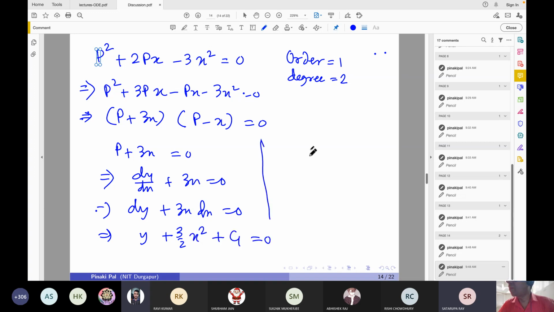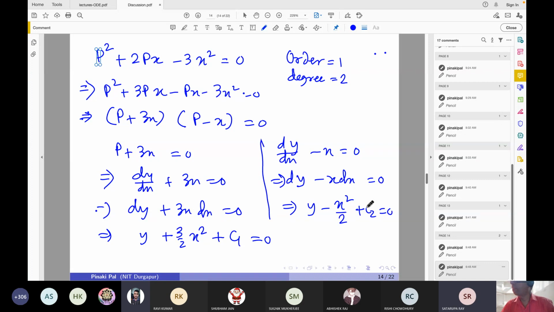On the other hand, if we consider the second factor, we get dy/dx minus x equal to 0. So dy minus x dx equal to 0. On integration, we get y minus x square by 2 plus c2 equal to 0. Here c1, c2 are arbitrary constants.